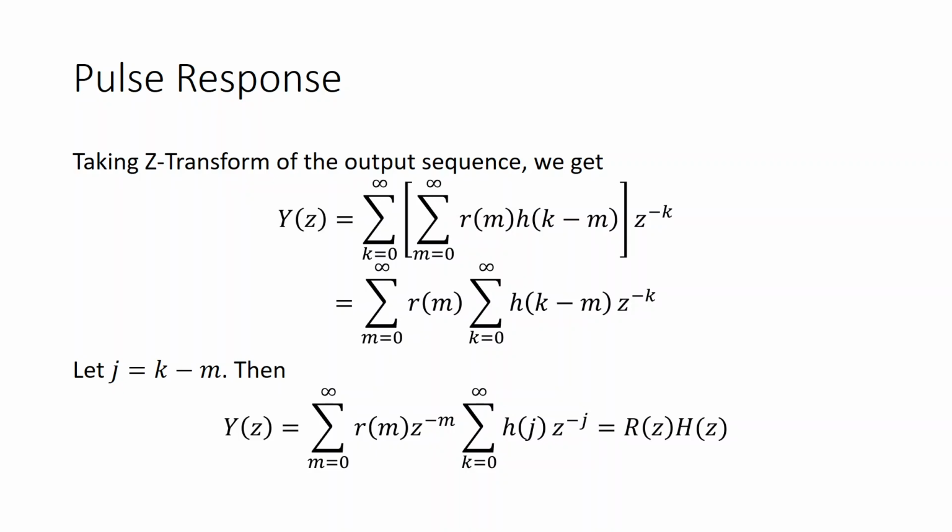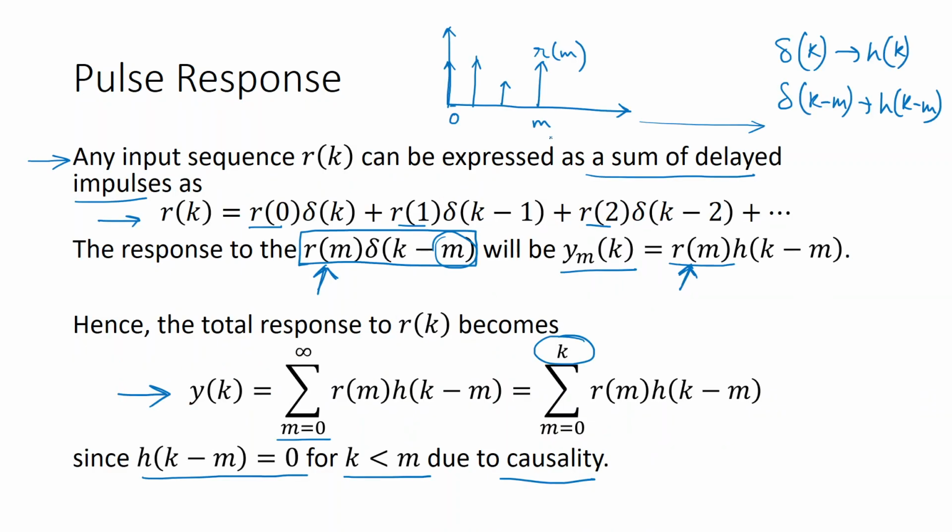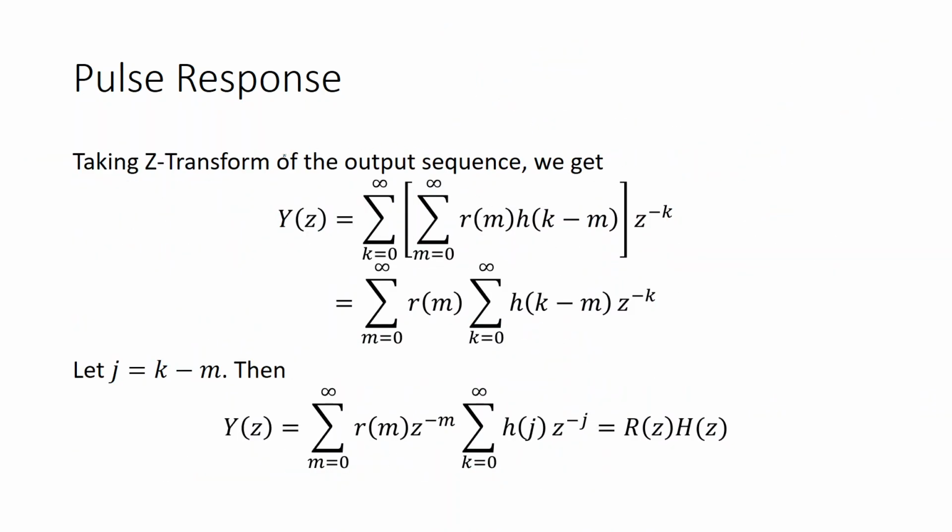Now you see here that if you take the Z transform of the output sequence, then this Y(z)... this entire thing within the bracket is the output sequence.